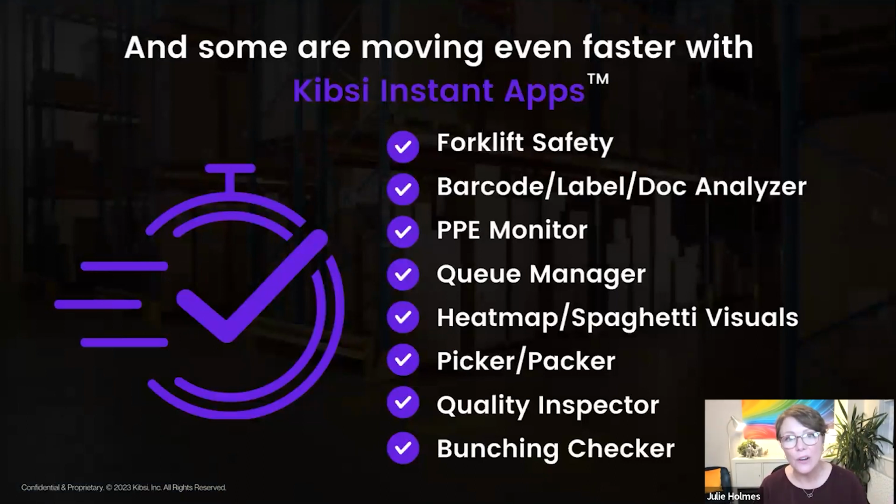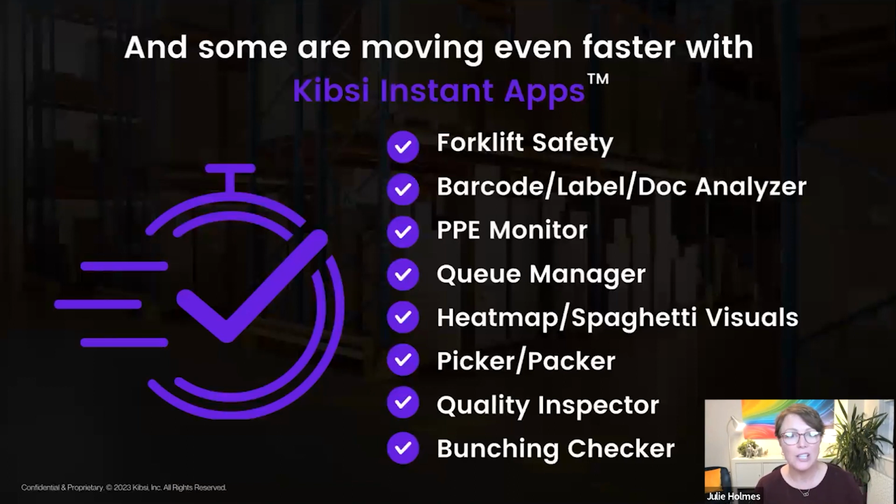But we hear very common use cases over and over again, which led Kibsi to create instant apps. These instant apps are, for lack of a better way to describe them, a plug and play way to solve very specific, very common issues or challenges that organizations face. So, for example, forklift safety. We know what a forklift looks like.